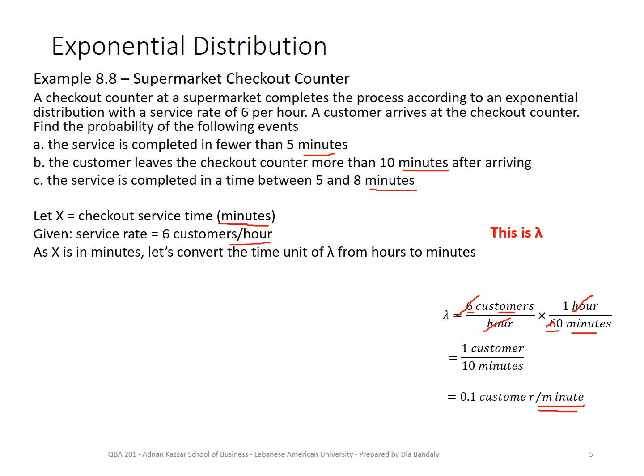Now I can proceed. So part A: what is the probability that x is less than 5? I will use the first equation, P of x less than or equal to 5. So it's 1 minus e to the power minus 0.1, which is my lambda, now expressed in customers per minute, multiplied by 5.